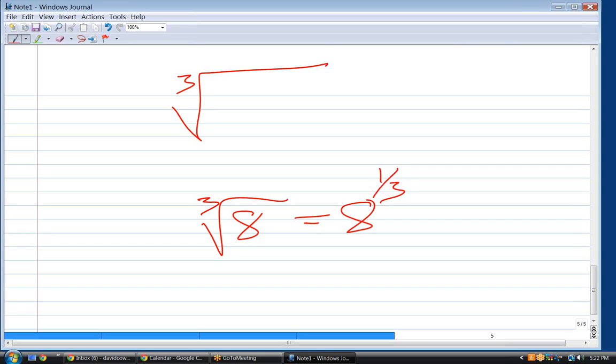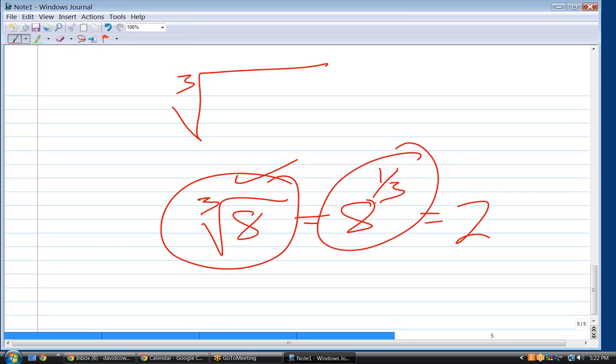It's also saying what number multiplies together 3 times to give me 8. 2. Exactly. 2 times 2 times 2 is 8. Therefore, the cube root of 8 is 2. And this is the same as that in terms of notation.